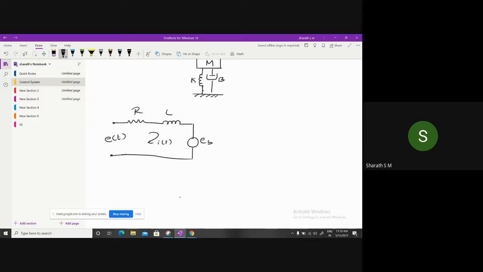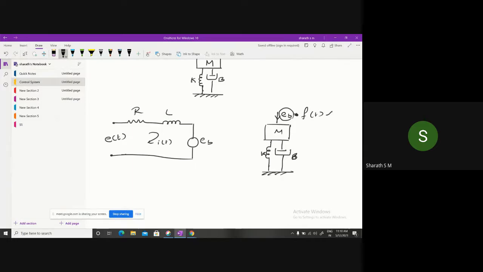The other one is the mechanical system. Here the back EMF is equivalent to force, and for that we have a mass as well as spring, and the friction element interconnected.